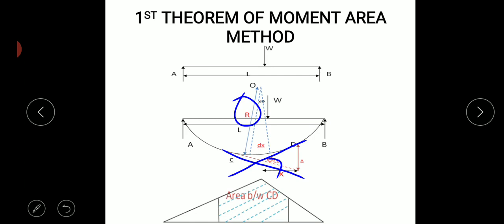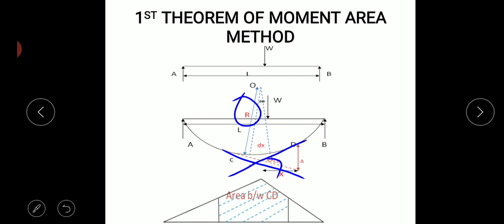That angle is called theta CD, the angle between the tangents drawn at the points C and D. Here, delta is the deflected distance between the initial position and the final position.